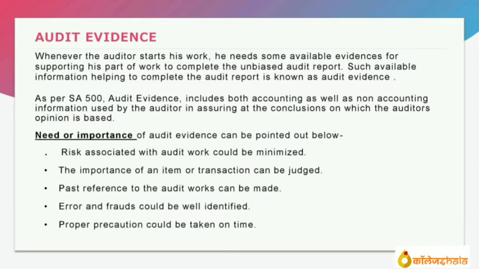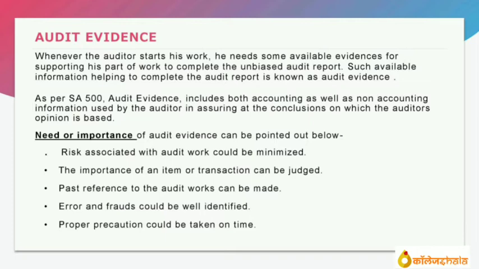So all those bases are collected in a single report that is known as the audit evidence report. That audit evidence needs to be collected and filed separately to form the unbiased audit report.